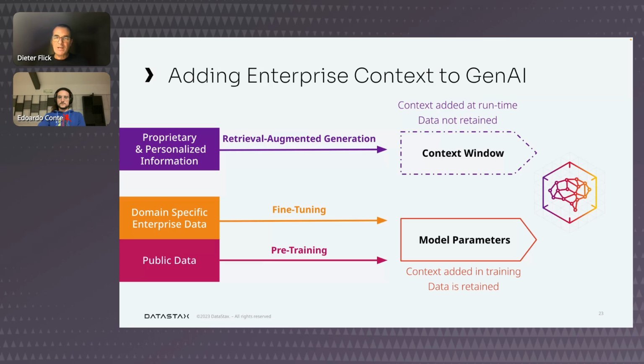Another approach is retrieval augmented generation. This approach leverages Astra DB, a vector database. It is used as a knowledge store where you store all your context, all your documents, your product descriptions, service descriptions, and all that gets vectorized.